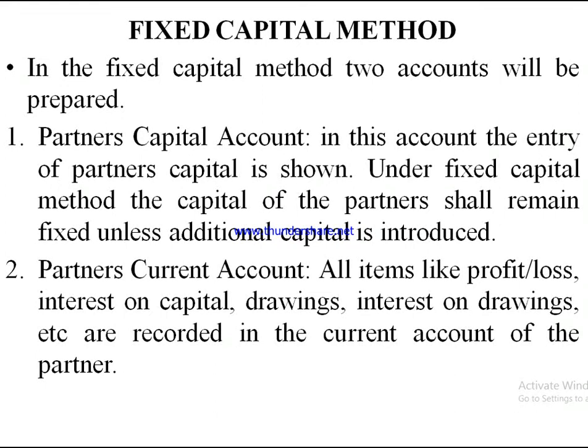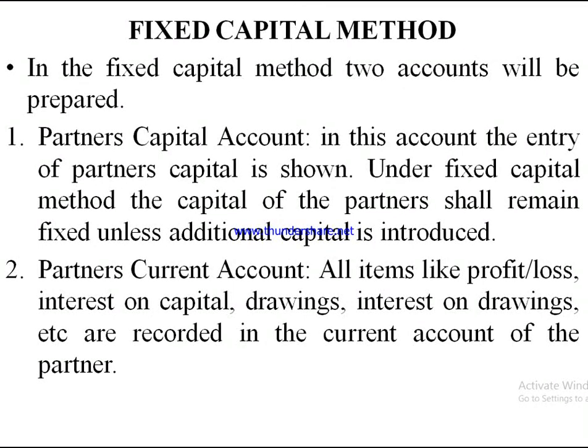But the capital will be fixed until and unless additional capital is invested by the partners. That's why we name it Partners Current Account, because these things can keep changing. I hope you understand this concept.